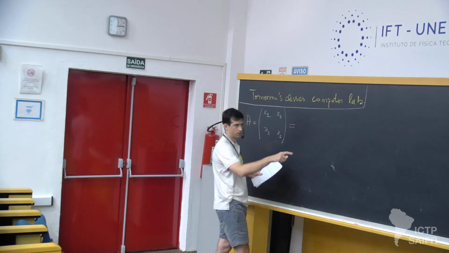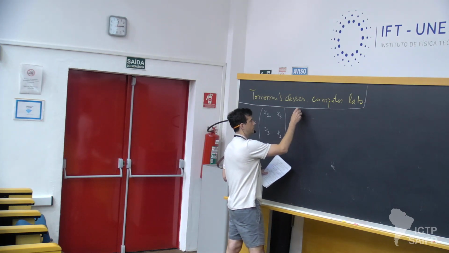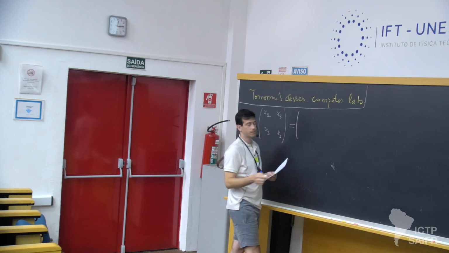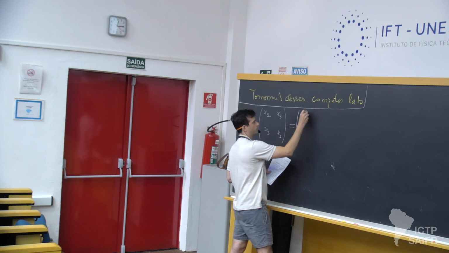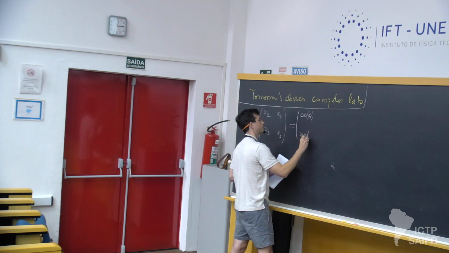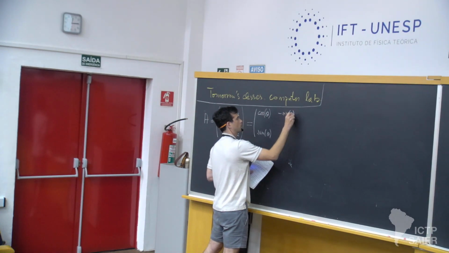Basically, it has to be of the form of an orthogonal 2x2 matrix, and in 2 dimensions an orthogonal 2x2 matrix is written like this: cos theta, sine theta, minus sine theta, cos theta.